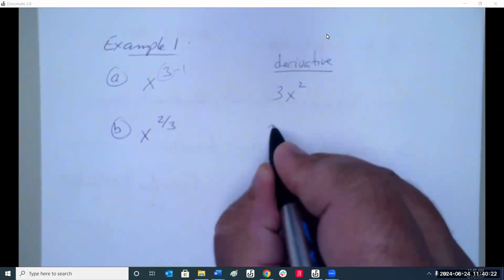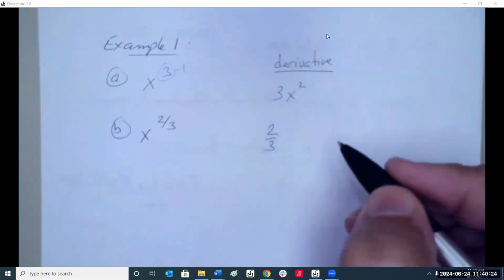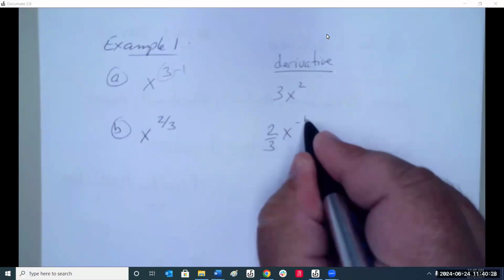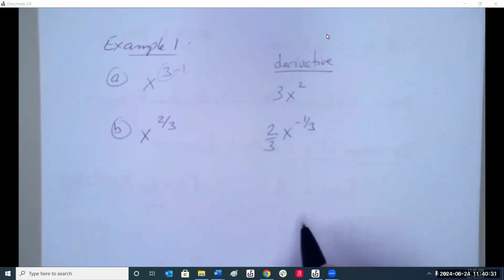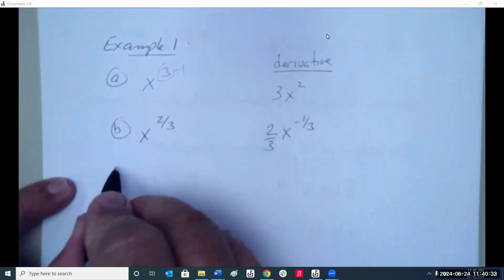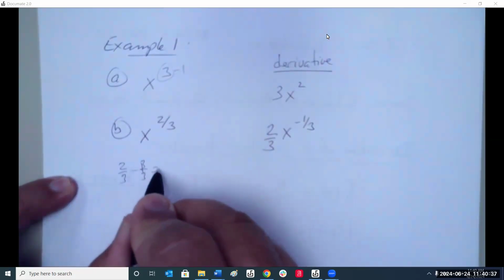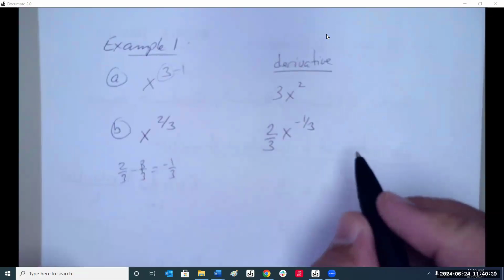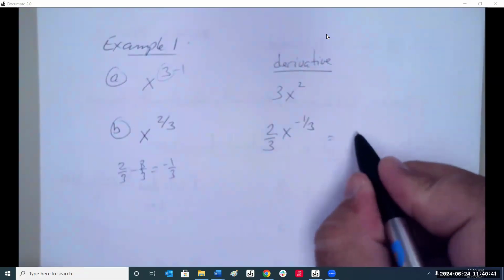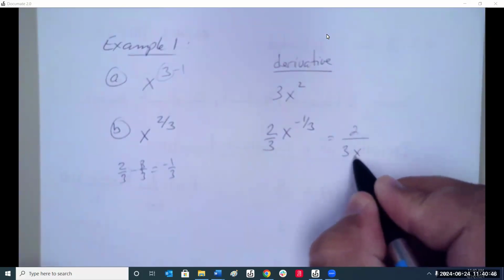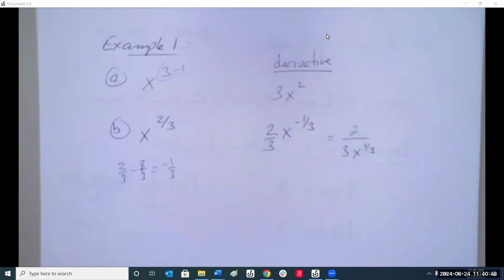Bring the power down. So two-thirds x, what's that? 2/3 x to the negative 1/3. Very good. Because 2/3 minus 1, which is 3 over 3, becomes negative 1/3. So the way this one would look would be 2 over 3 x to the power 1/3.